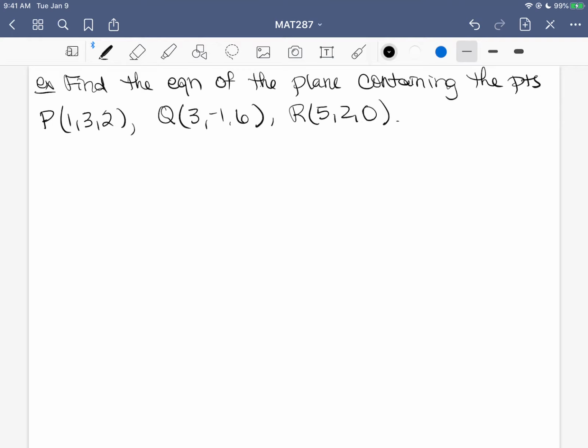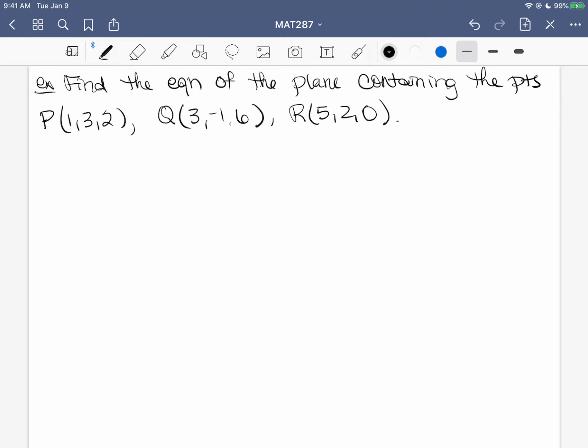Well, what do I need to find the equation of a plane? I need a point in the plane, and I need a vector normal to the plane. Right now, I just have 3 points in the plane, but think about what we did last section. We talked about the cross product of two vectors, and what did we say about it? It's normal to the two vectors.